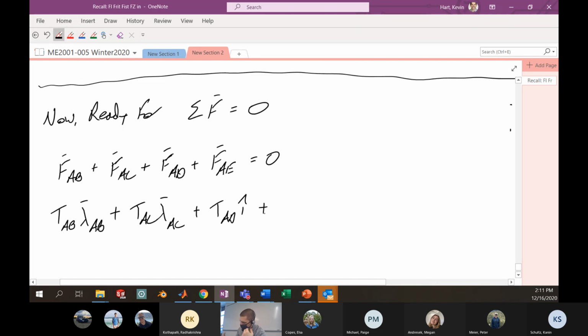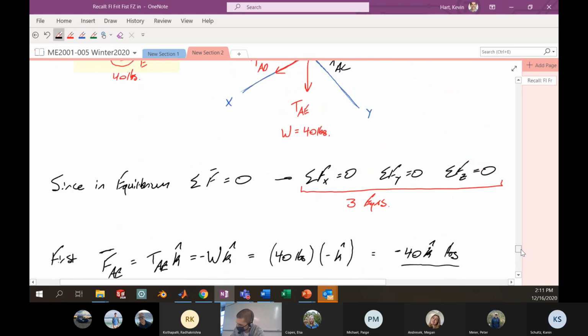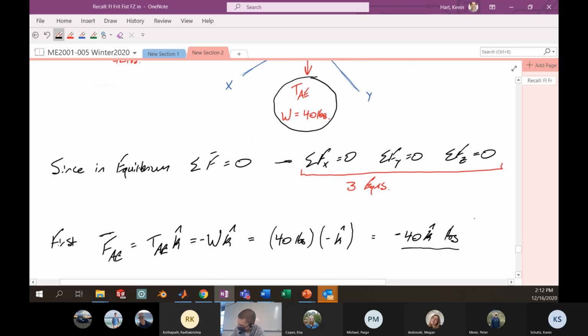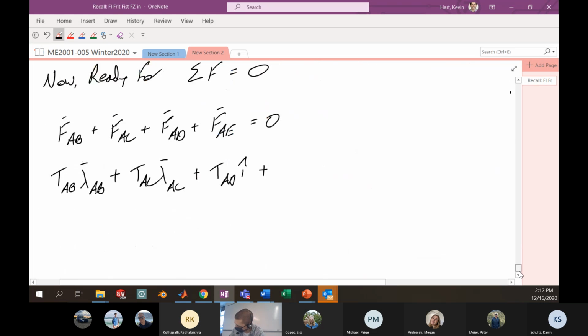Plus FAE, which is basically the weight of this guy acting downwards. So that's this guy here. Let me show that that's negative 40 k hat pounds, all equal to 0.